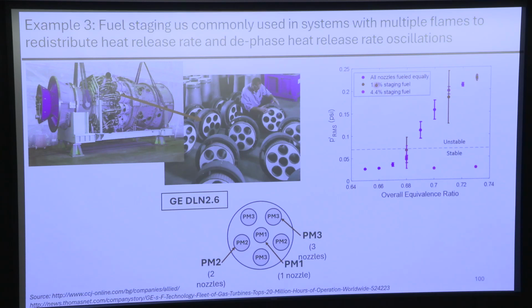If we take 1.4% of the fuel and we put it in the middle and we take it from the outsides, it has some effect. But with 4.4% of the fuel, you can completely suppress the instability. So the global equivalence ratio is constant, so the power from the machine should be constant-ish. But just by redistributing less than 5%, we can completely suppress the instability, which is pretty impressive.